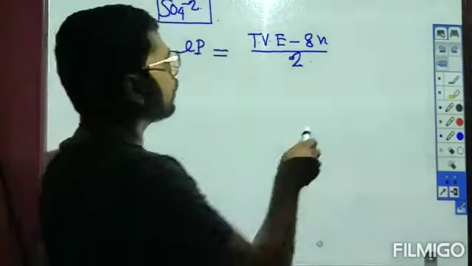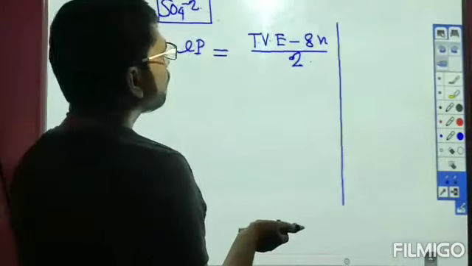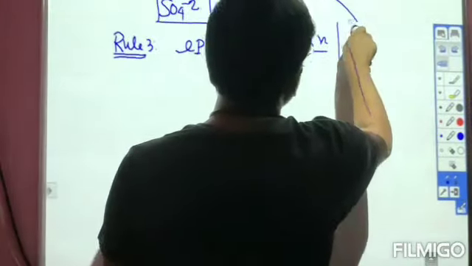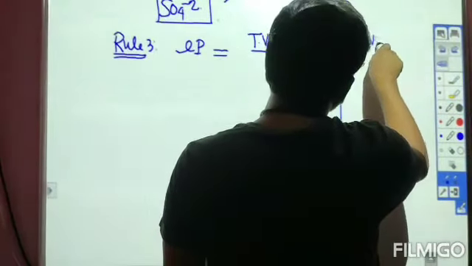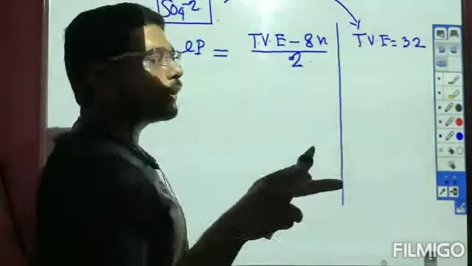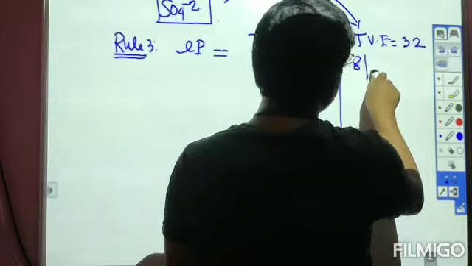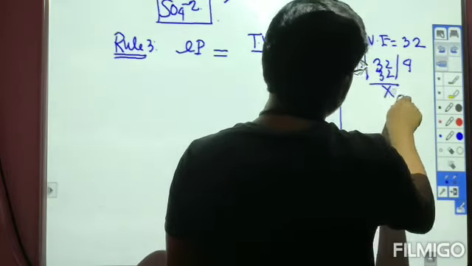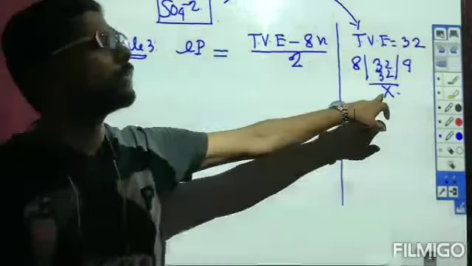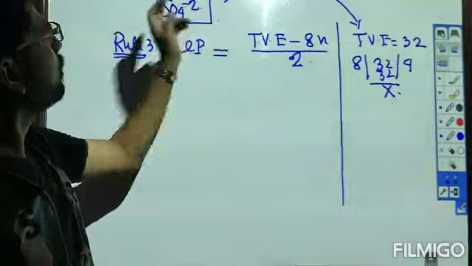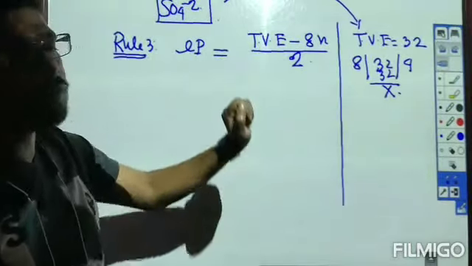Or else you can do one thing: whatever total valence electron count you get, in this case 32, just simply divide it by 8. If there is no remainder, it means there is no lone pair on the sulfur atom. Or else we can use this formula.